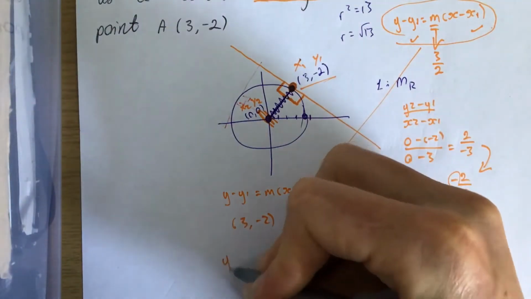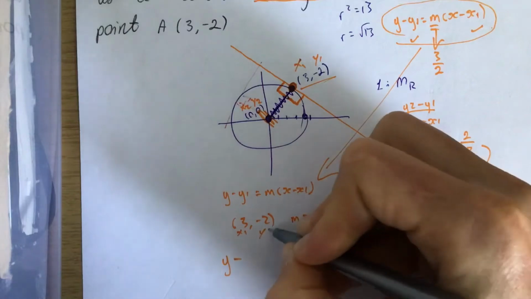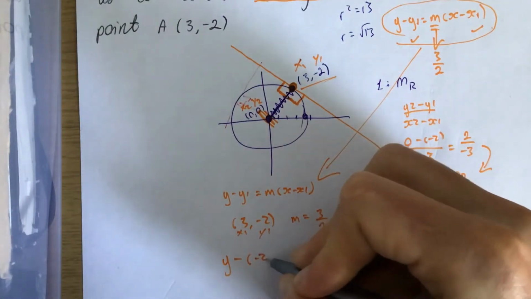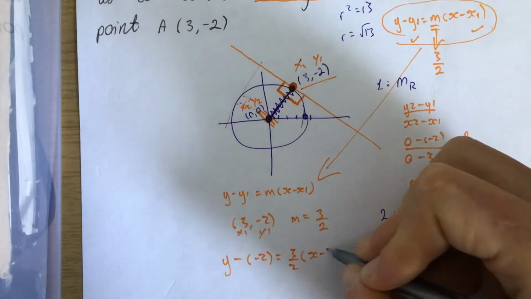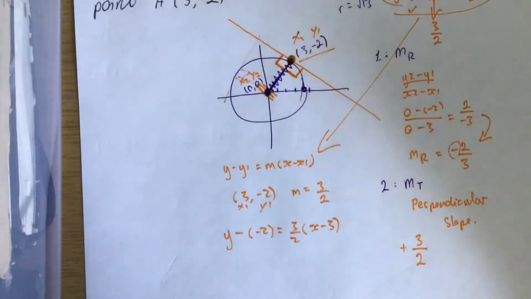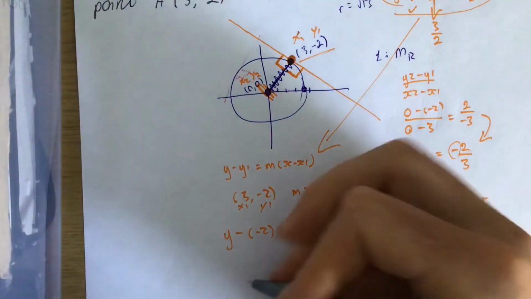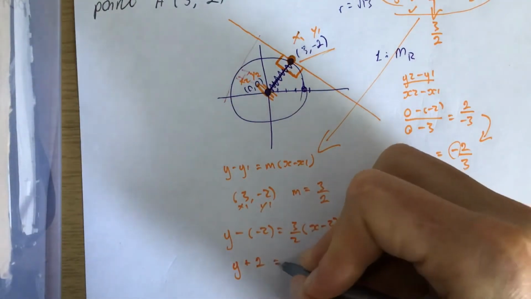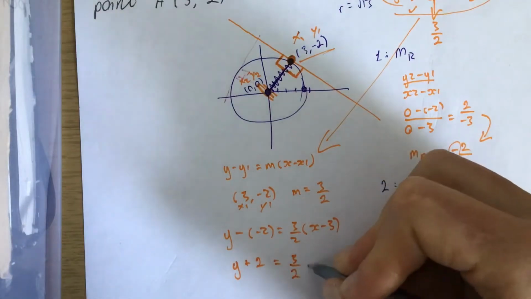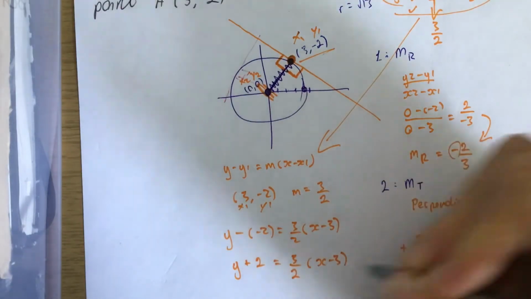So y minus y1 equals m into x minus x1. Now we're going to say y minus minus 2, so that would be y plus 2. So y plus 2 equals 3 over 2 into x minus 3.